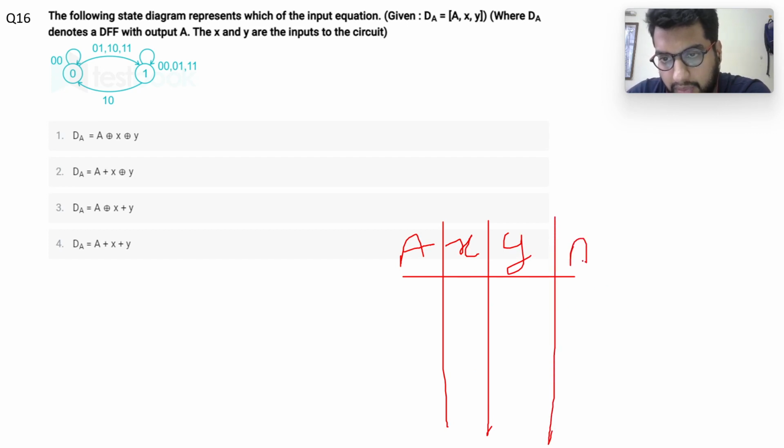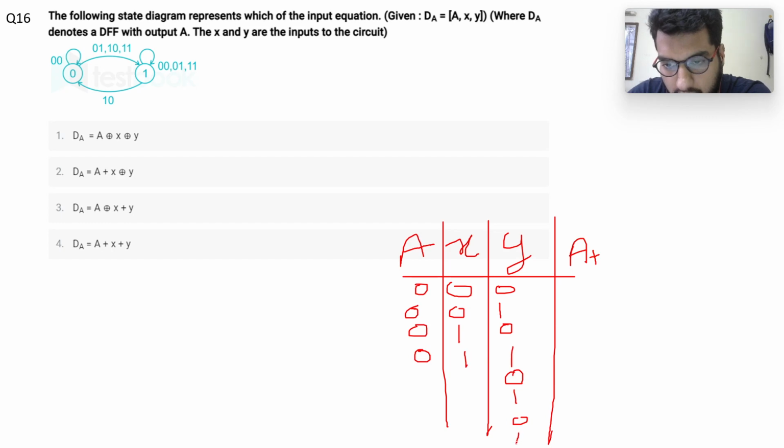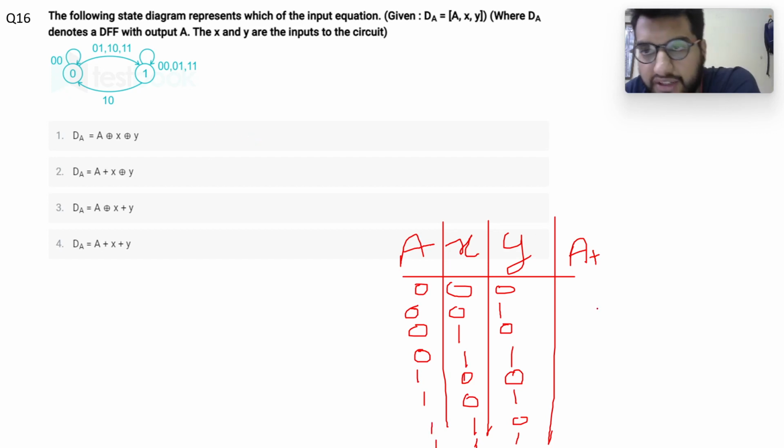So we have A plus, by which I mean the next state, so it's 0 0 0 0 0 1 0 1 0 0 1 1 0 1 0 1 0 0 1 1 1 1. By taking the help of the state diagram, we can construct this table.